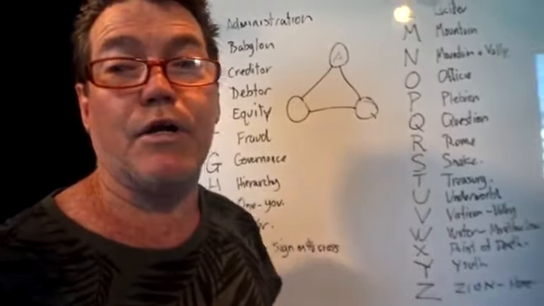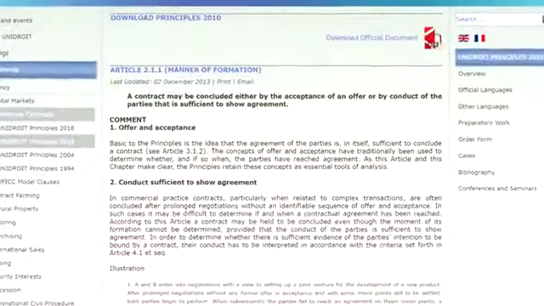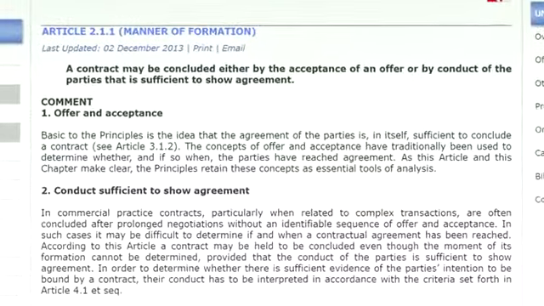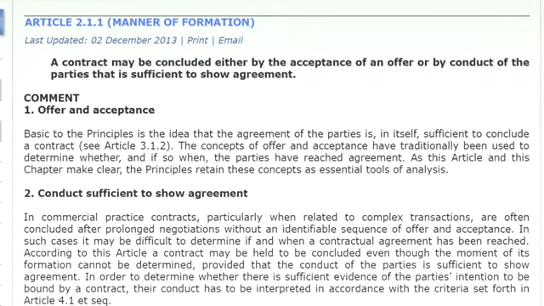I think it's Article 1 of the Unidroit Treaty of Rome that it even says that this system, the Unidroit Rome Statute, is voluntary. It must be voluntary.